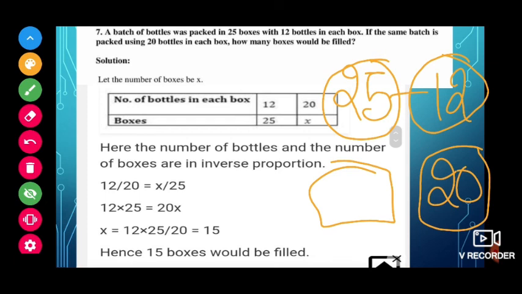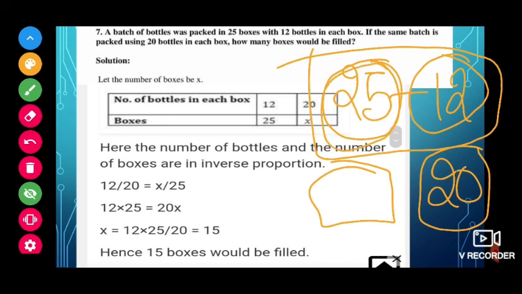Same way, children, as I told you already, it is an inverse proportion. Then you have to do parallel multiplication, because when you pack 12 bottles in one box, you use 25 boxes. If you increase the number of bottles in one box, automatically the number of boxes will get reduced, no?